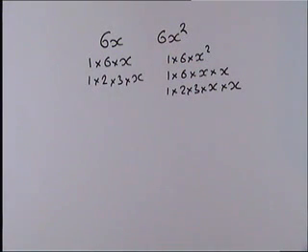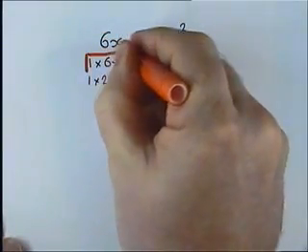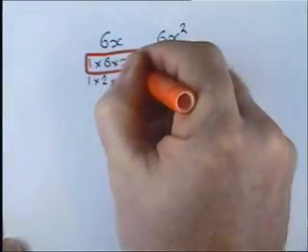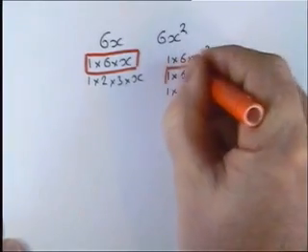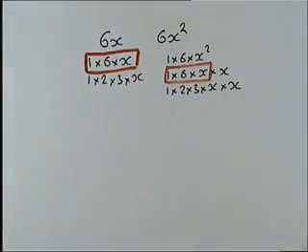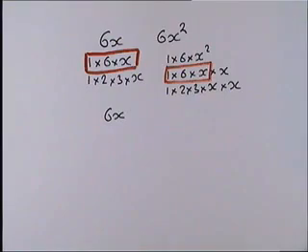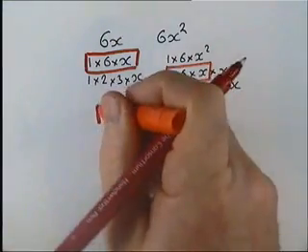You can find it a couple of ways, but the highest common factor is 1 times 6 times x, and you can see it in both lists. Now 1 times 6 times x is 6x. So if you just wrote 6x straight down, fantastic.